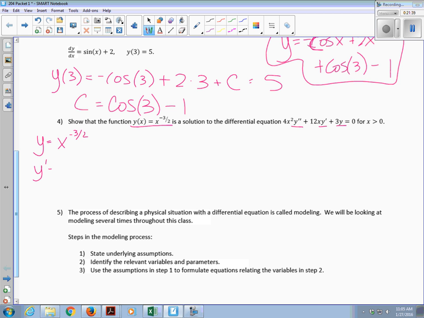What's y prime? Yep. And then y double prime? Negative 7/2. Okay. So I now have y prime, and y double prime. Plug them into that equation and show that it is true.